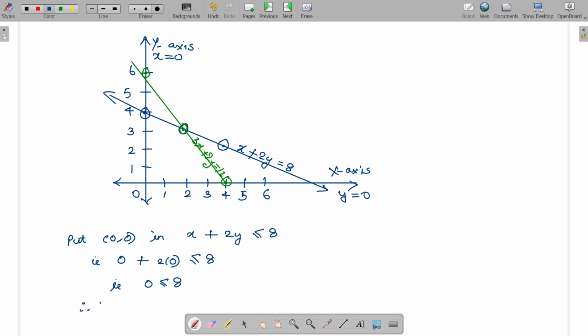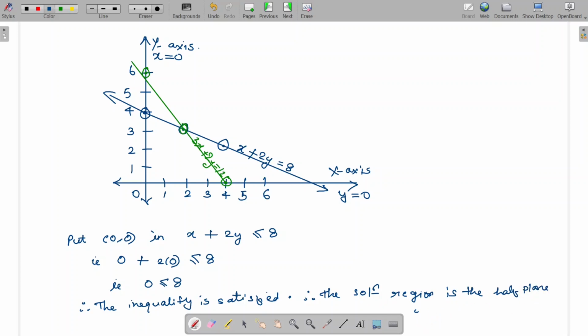Therefore the inequality is satisfied, and therefore the solution region is the half plane where 0, 0 lies. So the solution region will be here for the first line.